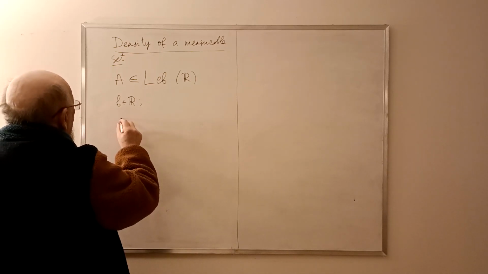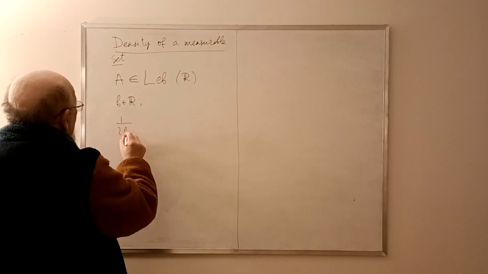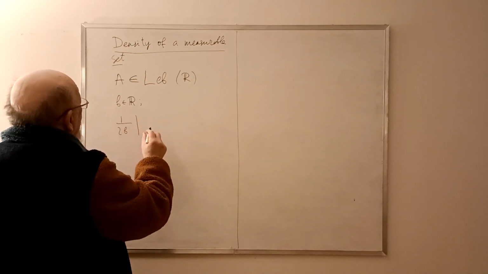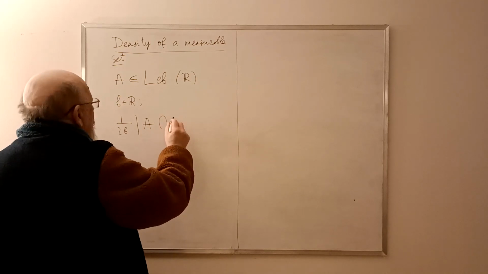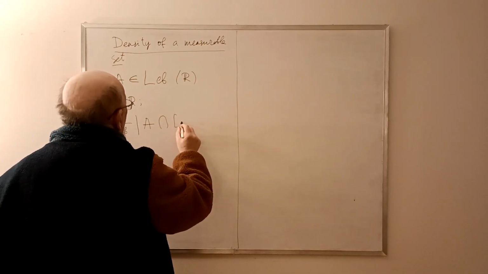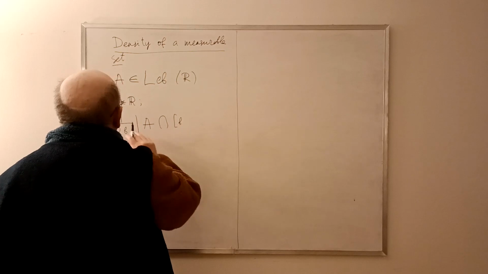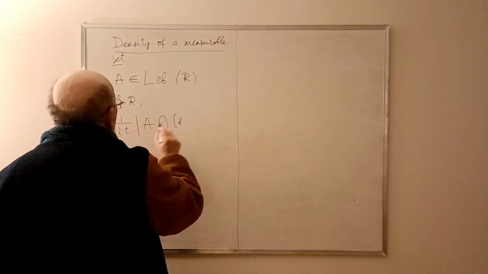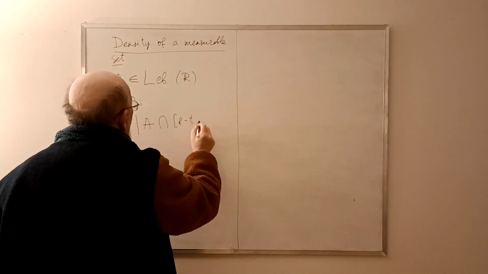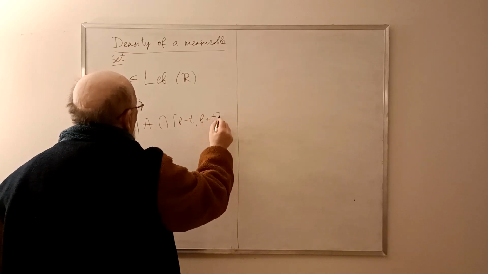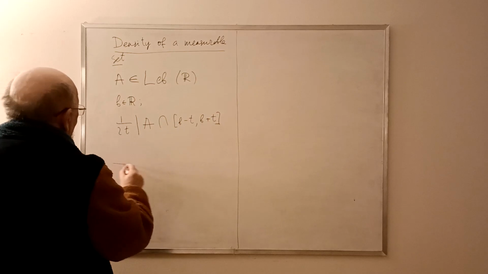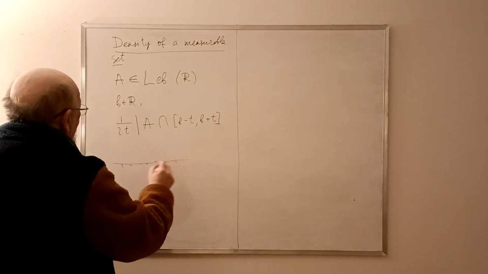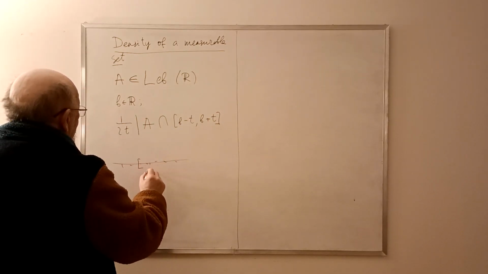It is 1 over 2t, measure of the set A intersected with the segment from b minus t to b plus t. So the set is somewhere here, and consider the point b.